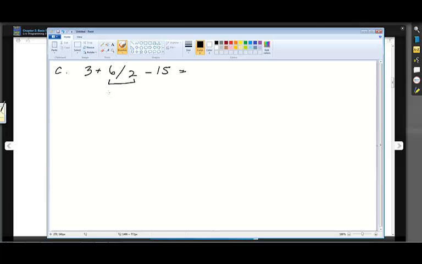So this is multiply and divide, and you do it from left to right. So 3 times 6 is 18, divided by 2 equals 9. Subtract that from 15, and that will give you negative 6. Alright, so that's part C.